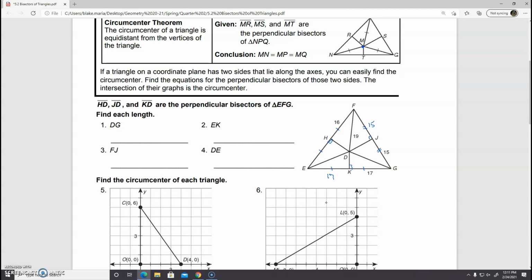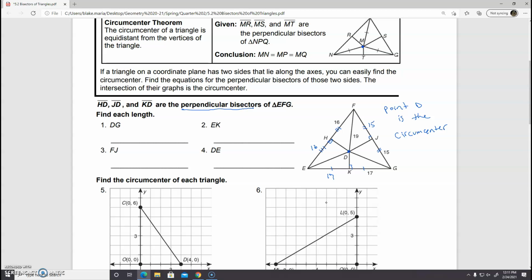So if this is 16, this is 16. So all of that is just from perpendicular bisectors, which means point D is called your circumcenter. So perpendicular bisectors all cross at the circumcenter.